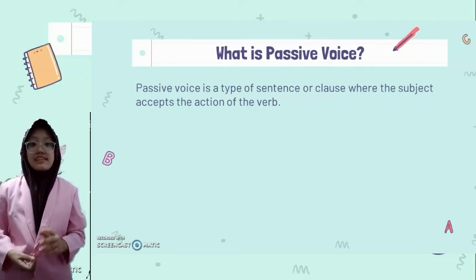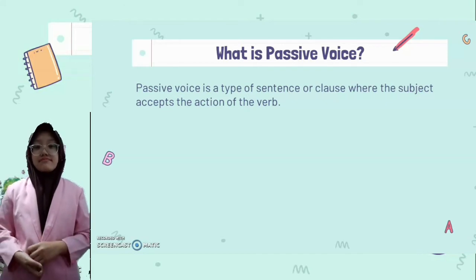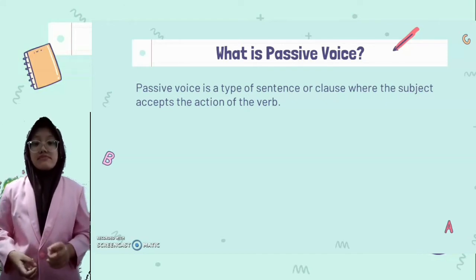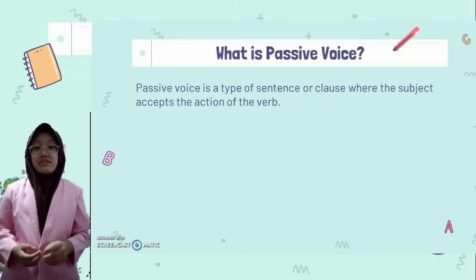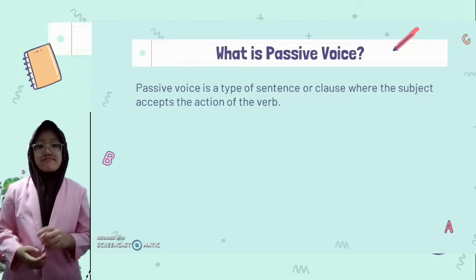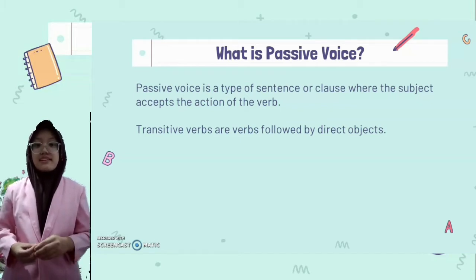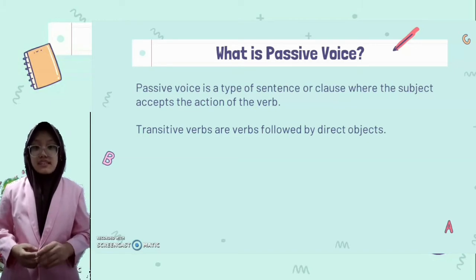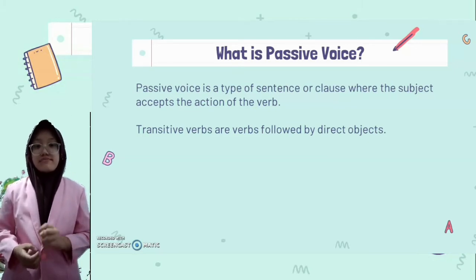Active voice can be converted into a passive voice, but only applies to sentences with transitive verbs. What are transitive verbs? Transitive verbs are verbs followed by direct objects. So, in short, passive voice is a passive sentence that contains the meaning.